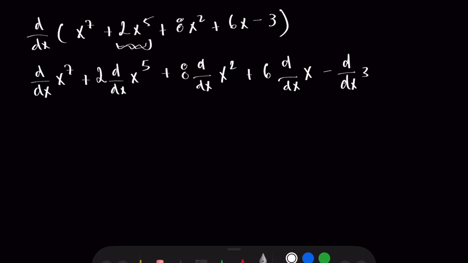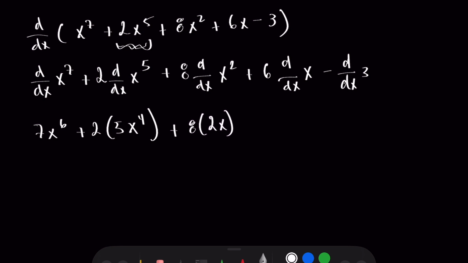And the derivative of the first term, x to the 7th power, is just 7x to the 6th. And then we have plus 2. And then the derivative of x to the 5th is 5 times x to the 4th. Again, we're just subtracting the exponent here by 1. And then we have 8, and the derivative of x squared is just 2x.